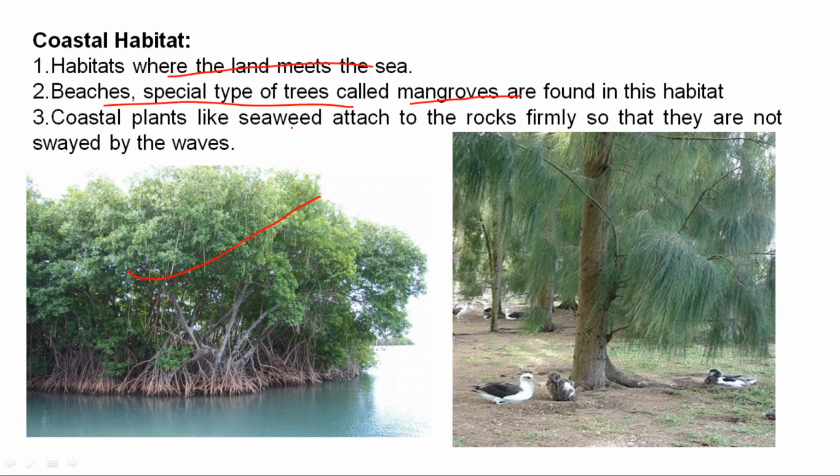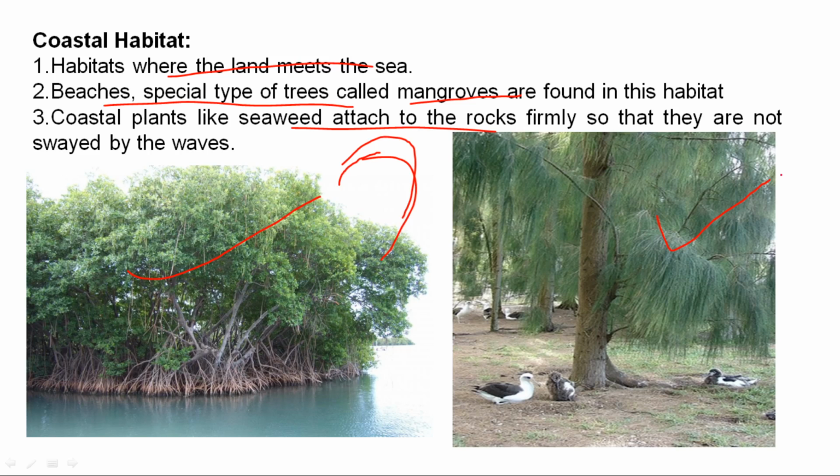Coastal plants like seaweed attach firmly to rocks so that they are not swayed by waves. In the coastal area, seaweed is attached to rocks. Look here, this one is casuarina. If you go to a coastal area, you will see casuarina trees.